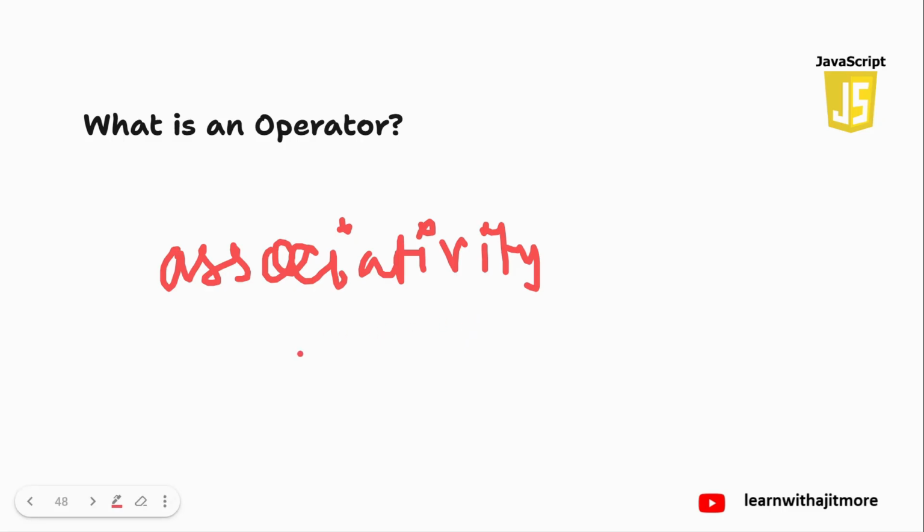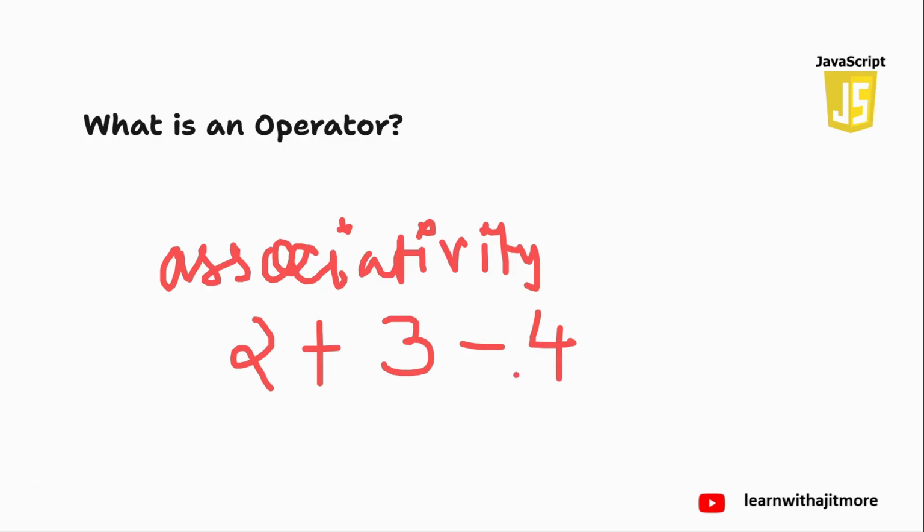When the operators have the same precedence in an expression, like 2 plus 3 minus 4, where plus and minus both have the same precedence, what will come into the picture? Associativity, that is the direction of evaluation. In this case it is left to right. So 2 plus 3 is 5, and then 5 minus 4 is 1. In some cases it is right to left, like the double star.